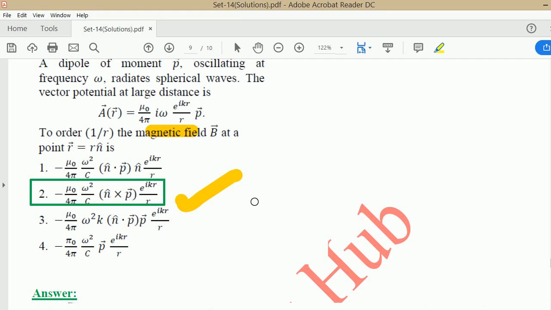But this type of clumsy calculation you should avoid unless you are very confident about your calculation, because this type of question may waste your time and you will lose marks. You may get negative marking also, there are high chances. So try to avoid them. You can try this type of question in the last half an hour.